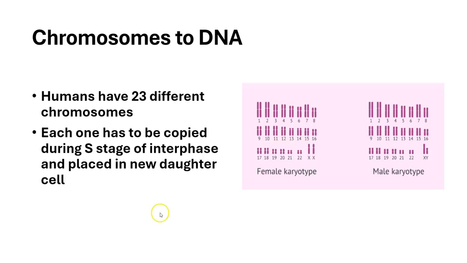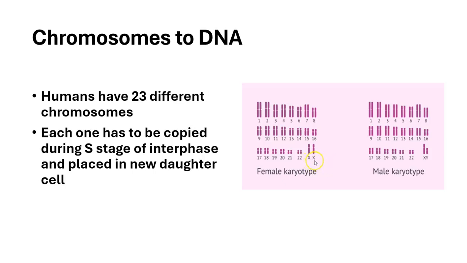So here we're showing a karyotype on the right-hand side, and it shows chromosomes 1 through 22. These are what we call autosomes. And then you have the sex chromosomes of either an X chromosome or a Y chromosome. It's showing what's called a female karyotype, which shows all the chromosomes within that individual.